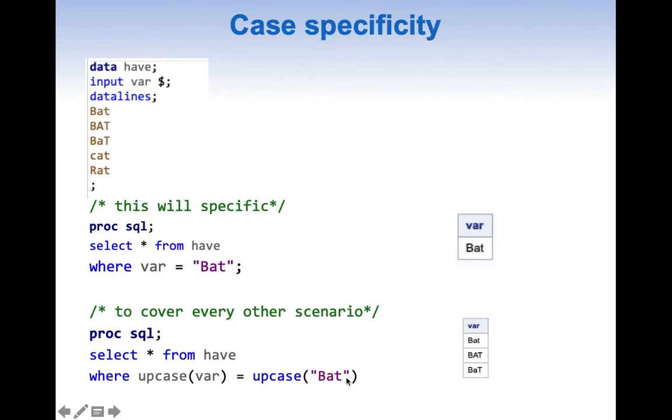So it matches on both sides and it gives us all the three records. So it is very important to understand case specificity. Whenever we want to look into every record of a particular value, we need to do an upcase or lowcase. Basically, we need to match values at both ends.